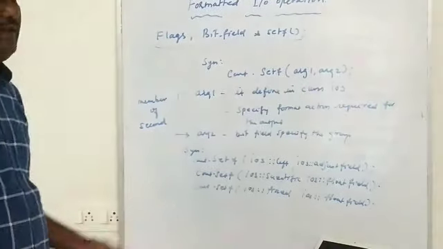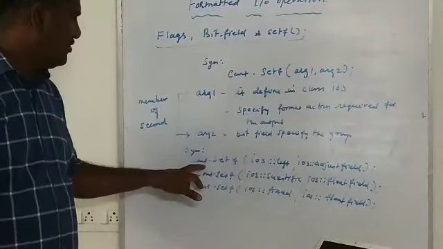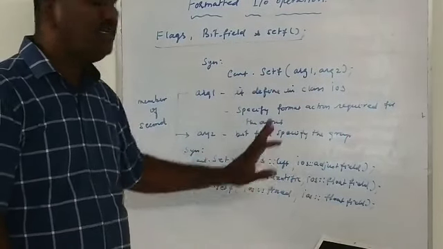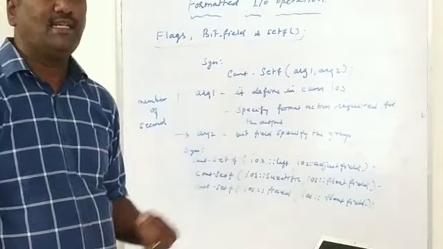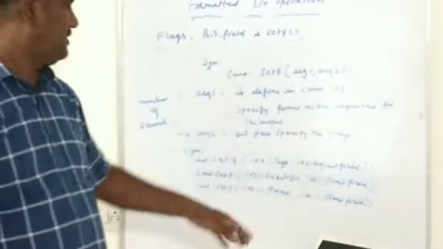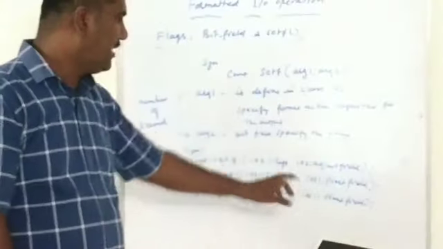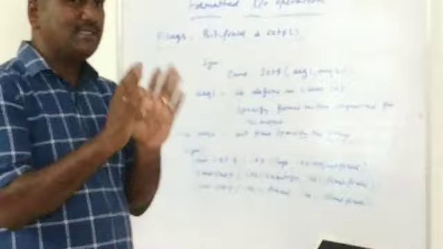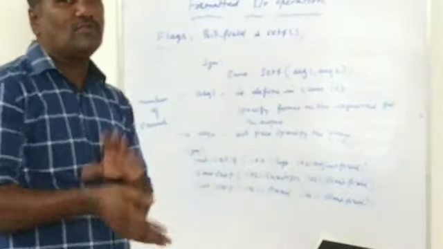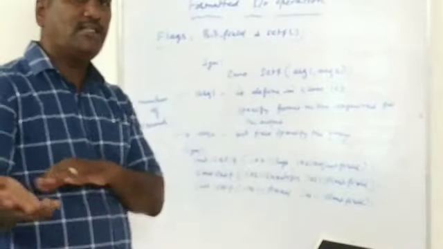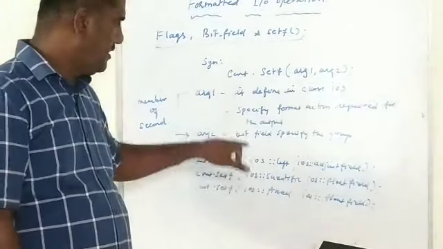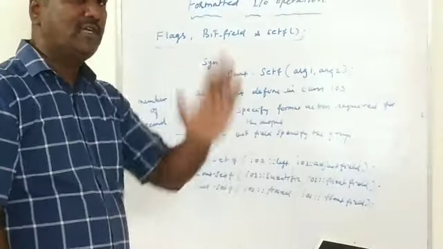So for the flag function the syntax is cout dot setf ios left. There is justify left and justify right, so for that purpose we are using left. Here the format is ios left, so the output will start from left to right. By default it starts from right to left, but this format makes it present left to right.